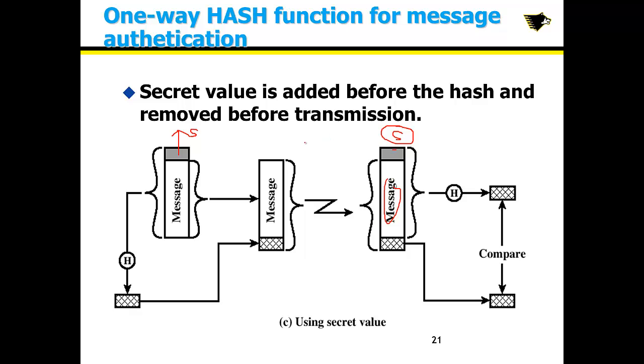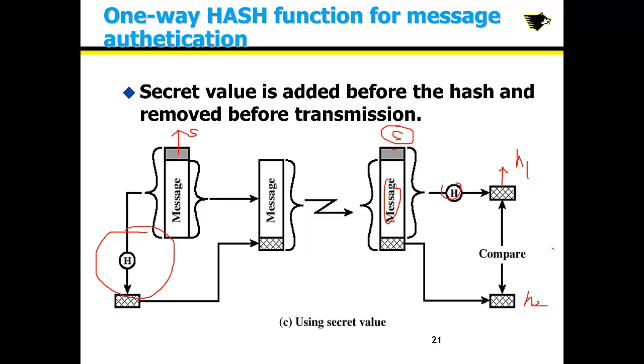The attacker doesn't know this S. So we combine S with the message, then send it to the hash function and create a hash code H1. At the same time, we extract the hash value computed at the sender side, we call it H2. We compare H1 and H2.